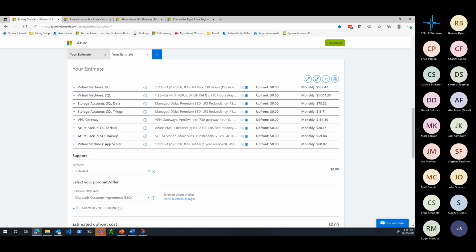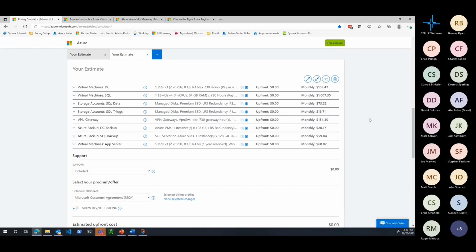So the answer around the file server deployment, there's a couple of different ways, right? Azure Files is one way you can do that. I've seen people, because they like a little more control and are used to the Microsoft file server, keep doing it the same way until they get more familiar with the Azure environment, and then maybe move to some of those other services.